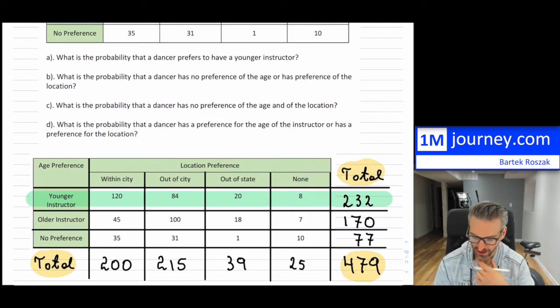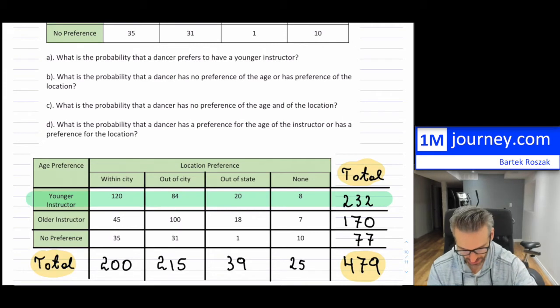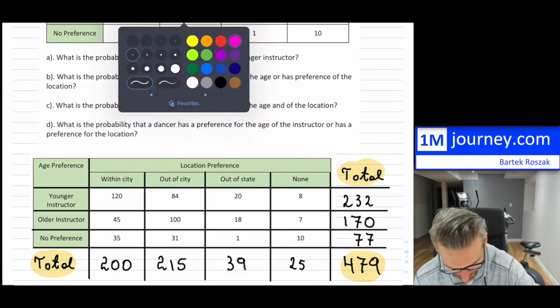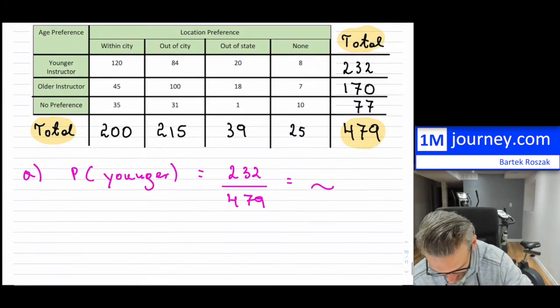Part B. What is the probability that a dancer has no preference of the age or has preference of the location? Ooh, okay. So let's see how that one works. Let me delete this previous one and let's see what they are asking about in this one. So I'm going to write here.